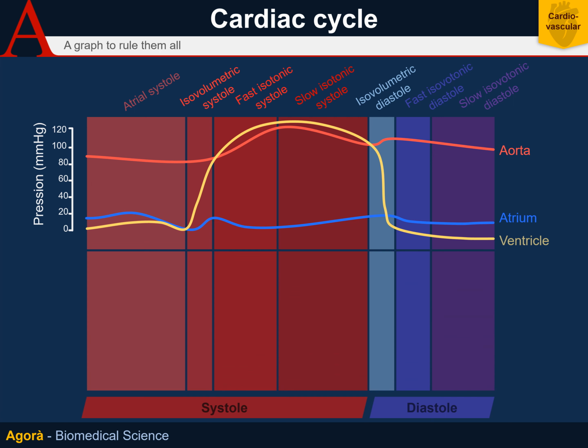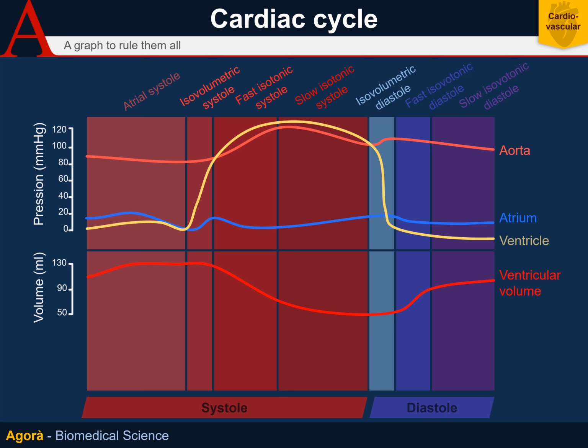This is the graph of the volume in the ventricles. The blood volume in the ventricles increases during the isovolumetric contraction and then decreases first fast and then slowly during the isotonic contraction. During the isovolumetric diastole, the volumes remain constant, then increase quickly during the rapid isotonic diastole and slowly during the slow isotonic diastole.